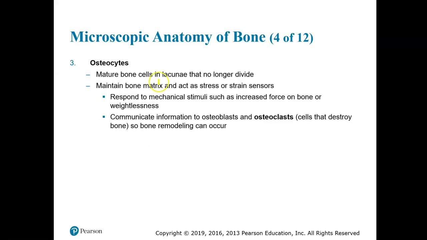And then the osteoblasts become osteocytes, and those are going to be bone cells that are surrounded by bone matrix, and they no longer divide. They reside in lacunae, kind of like chondrocytes. Cartilage cells reside in their own little space called a lacuna, a little cavity. And they don't divide anymore, but they are living cells.